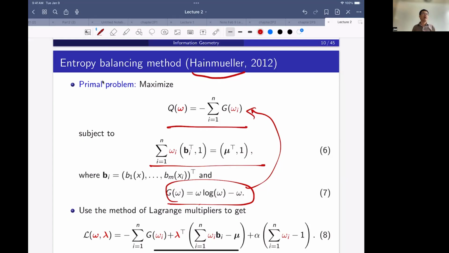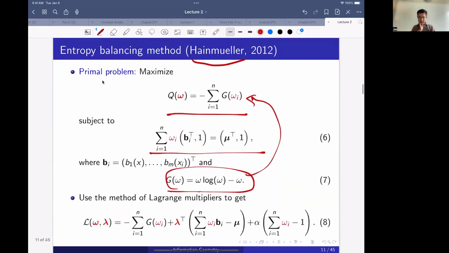So now your problem is finding omega in the sample. That's it. And then how to solve this? This is a very standard constrained optimization problem, and so you can use the Lagrange multiplier method. So this is a mean constraint, and this is a normalized constraint.